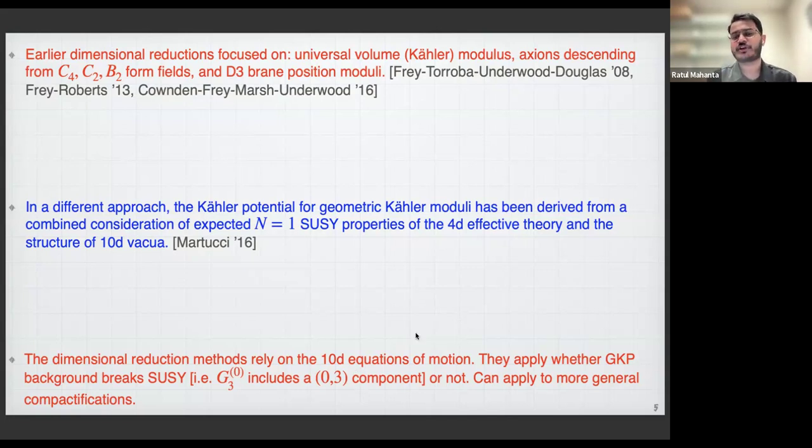My comment would be, as long as you can find a background which is SUSY or non-SUSY, even if not in these compactifications, maybe non-Calabi-Yau ones, at least our technology should work. Given a background, we should just take fluctuations and deal with the equations of motion. So we need to have these backgrounds.